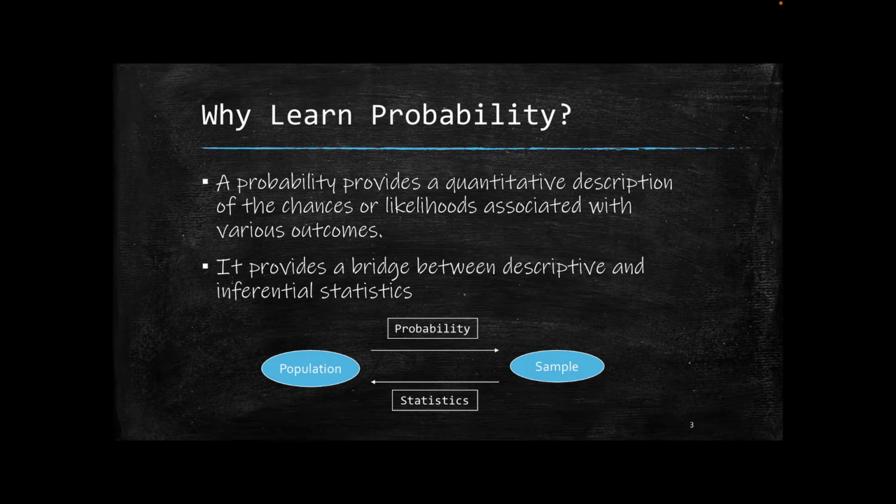If the probability is high, it is very likely for an event to occur. Otherwise, if the probability is low, it is unlikely for the event to occur. A probability provides a quantitative description of the chances or likelihood associated with various outcomes. It provides a bridge between descriptive and inferential statistics.